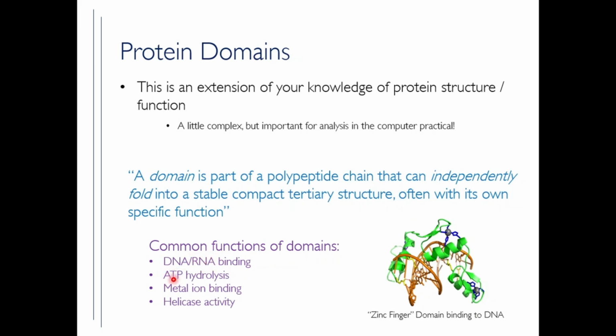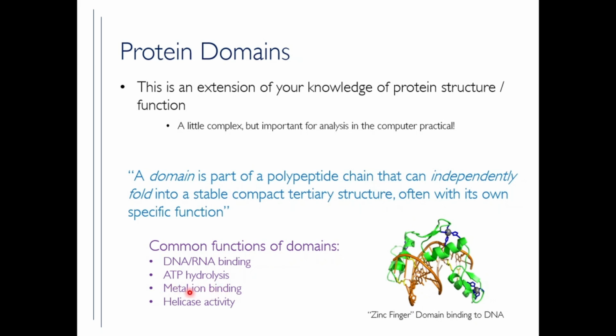Walker A and Walker B motifs, or domains, are able to bind and hydrolyze ATP. So any enzyme that requires ATP hydrolysis, things like the ribosome, various things like that, that need to hydrolyze ATP in order to function or translocate, will have Walker A and Walker B motifs or domains within them.